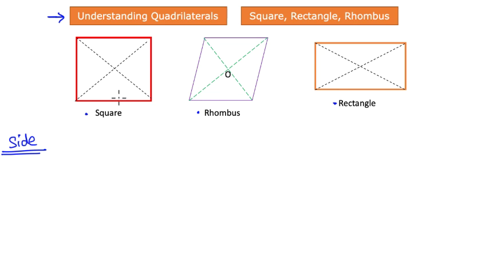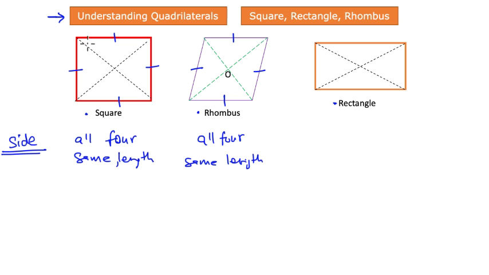Okay. For a square, as we know, all four side lengths are of the same measurement, right? And so is a rhombus. We can also say that just like a square, a rhombus has all four sides of the same length.